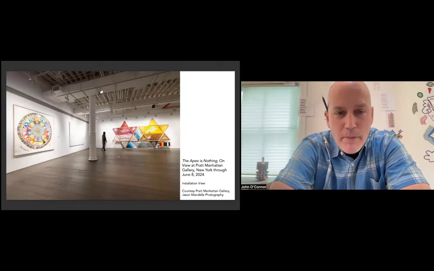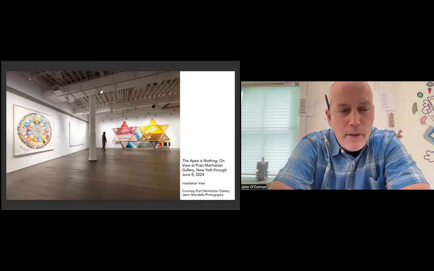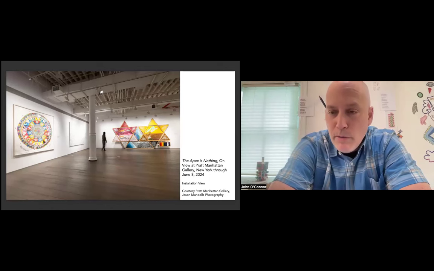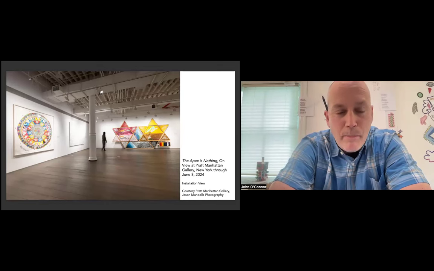I first found his work when I was at Pratt, back in the late 90s, and again, mostly through books. Even with that first image you put up, it's difficult to get a sense of the scale and the physicality of the paint in a book.